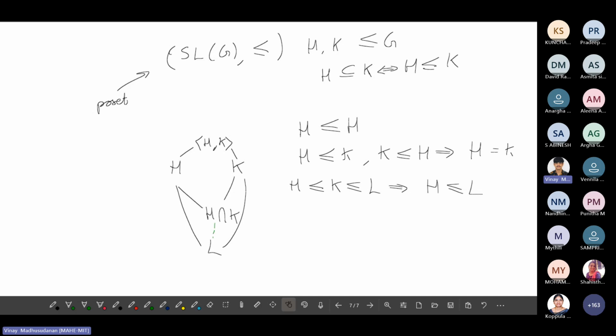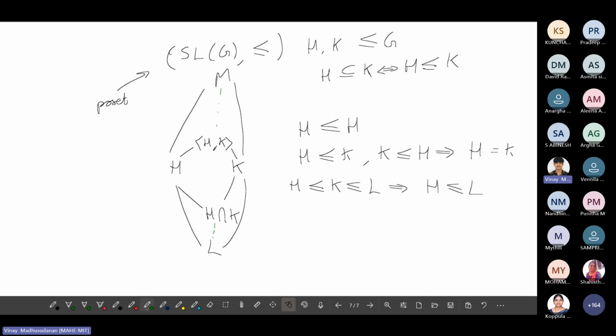By this definition itself, if you take any subgroup that contains both H and K, this must of course be contained in that, because that will be one of the subgroups in the intersection that you're taking to define this. So an intersection of subsets is always contained in each of them.